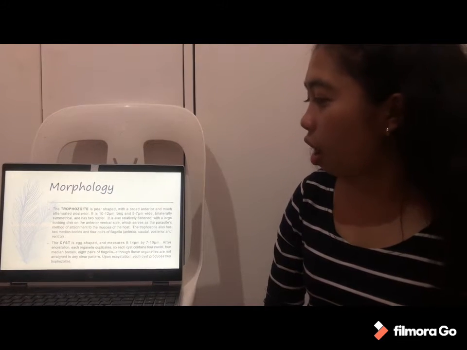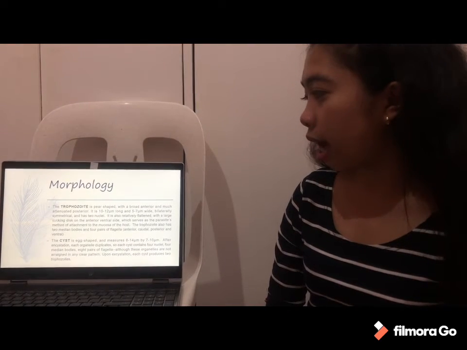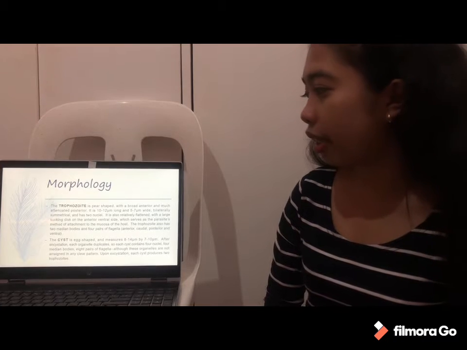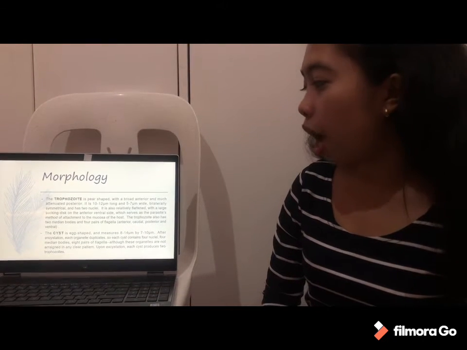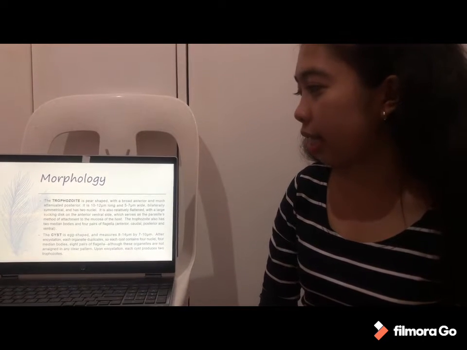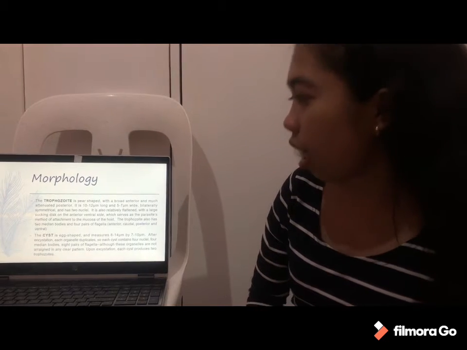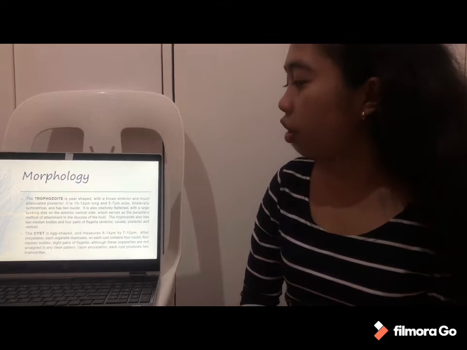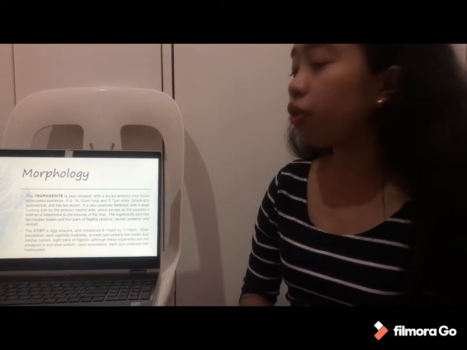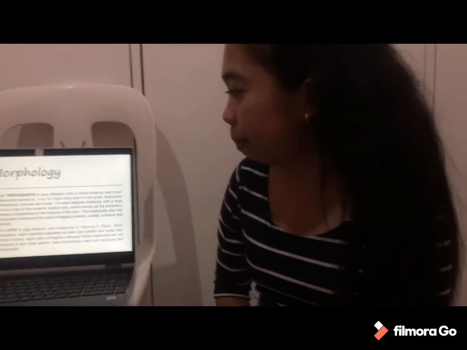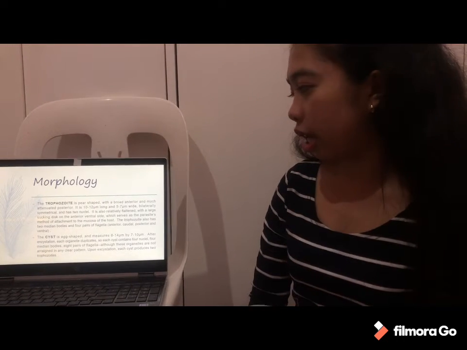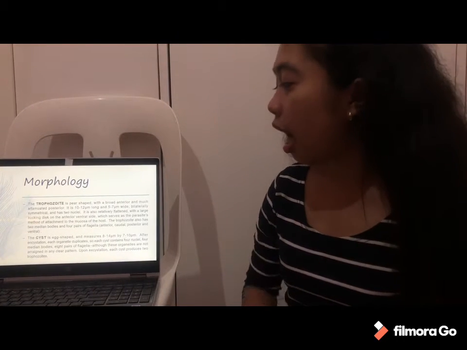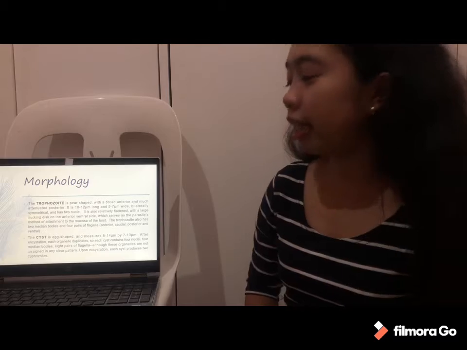It is also relatively flattened with a large sucking disc on the anterior ventral side, which serves as the parasite's method of attachment to the mucosa of the host. The trophozoite also has two median bodies and four pairs of flagella, which are the anterior, caudal, posterior, and the ventral.